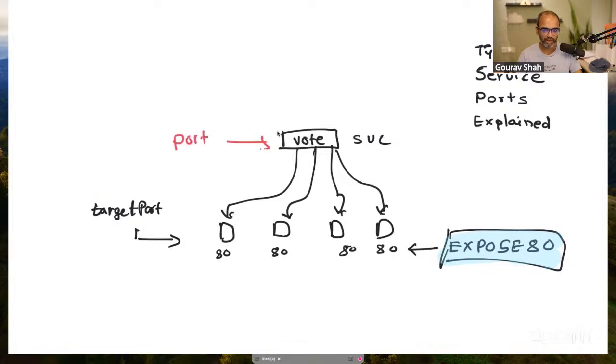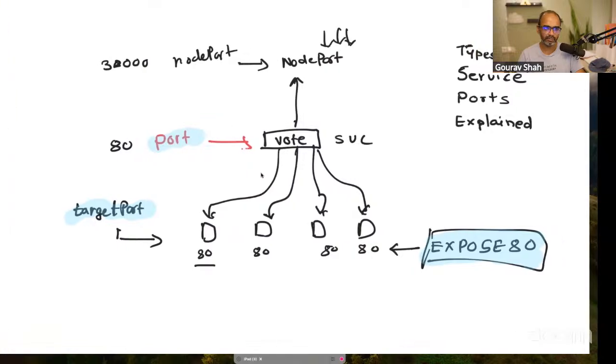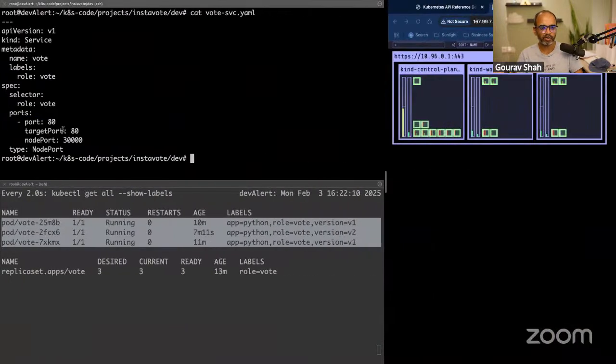On top of that, you have a node port, and node port takes 30,000. That goes via the service. Service is like a load balancer. Think of it as a load balancer. That service has a port and an IP, a cluster IP internally. And that is what I'm talking about here, the service cluster IP.